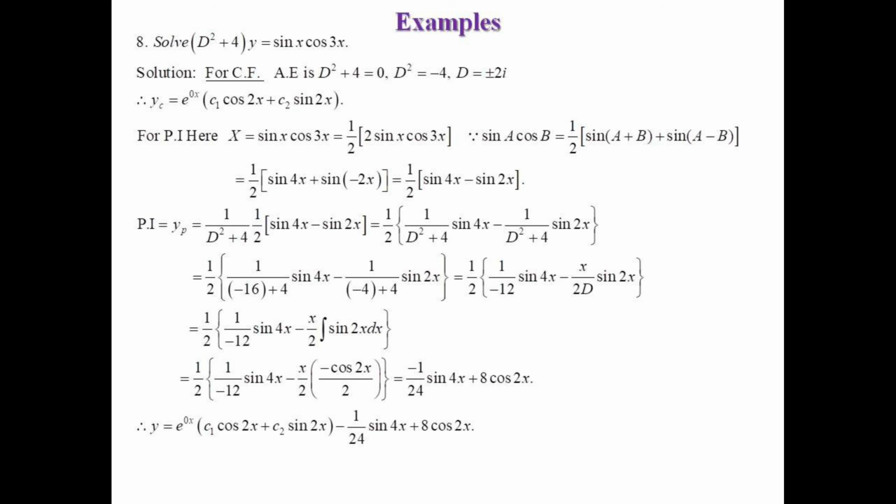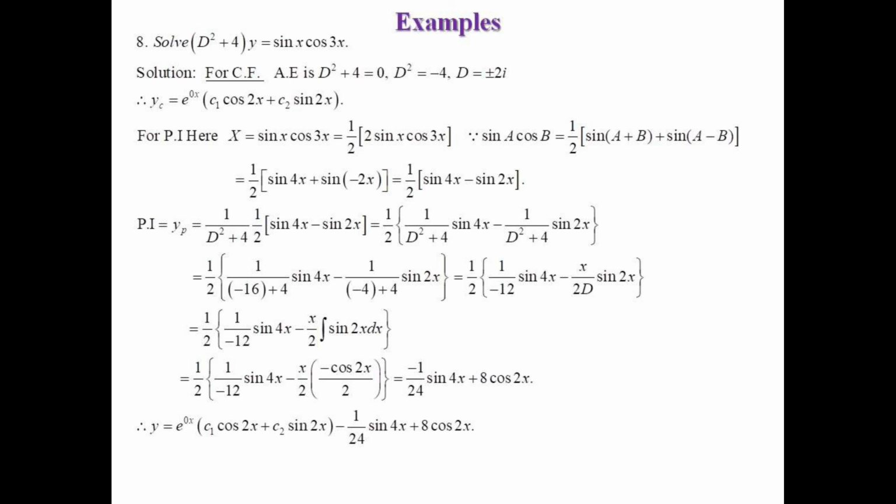Once again we get 1 upon a single D term for sin ax or cos ax, and we know that 1 upon D into x is equal to the integration of x dx. Applying that formula and doing the simple calculation, we can write this as minus 1 upon 24 (sin 4x plus 8 cos 2x).